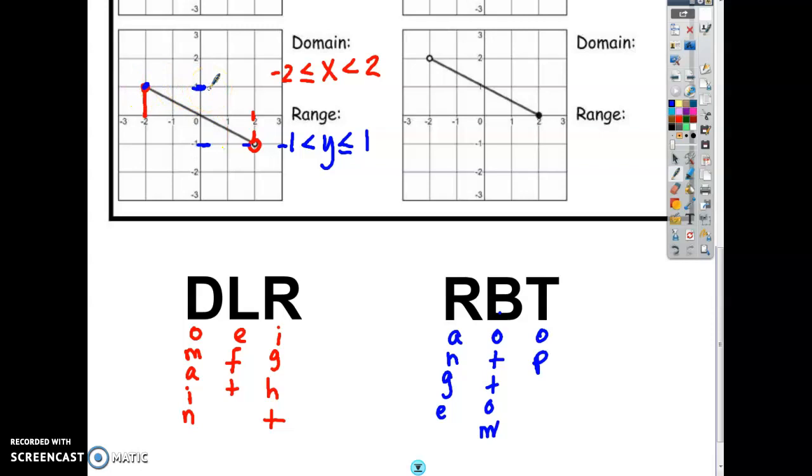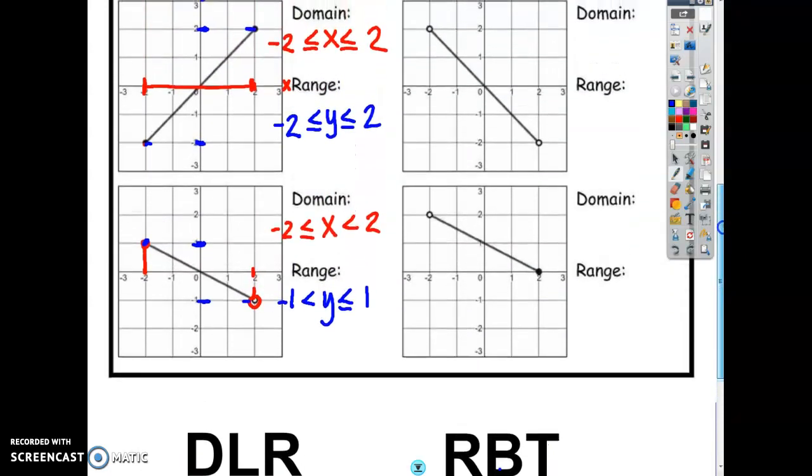And I have these two written down on my wall. Okay, look at my wall. On the left side, I have dollar ribbit. And I'm going to write down domain is left to right and range is bottom to top, so you guys can always remember that. Okay?